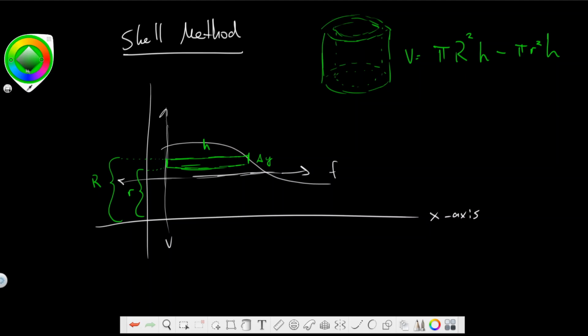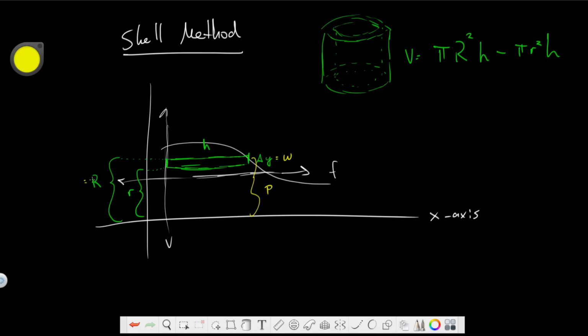Right? The trick to this method is to recognize that we can relate these two radii by looking at the average radius of this rectangle. Let's go ahead and call the average of this p, and let's recognize that delta y is the width of this rectangle.